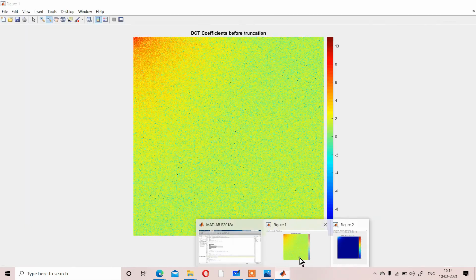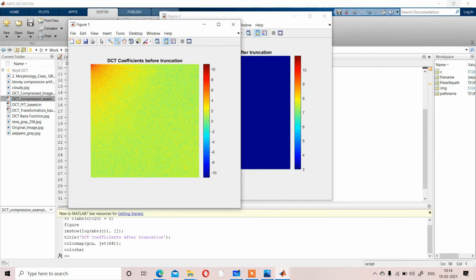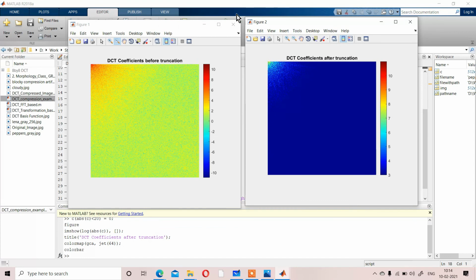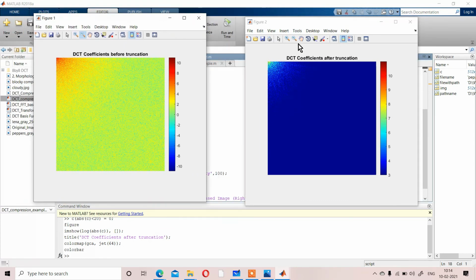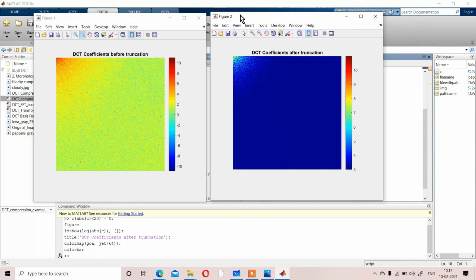You can compare the two images. See, the first image is without compression, the second image is after compression. Are you getting any idea from these two images?